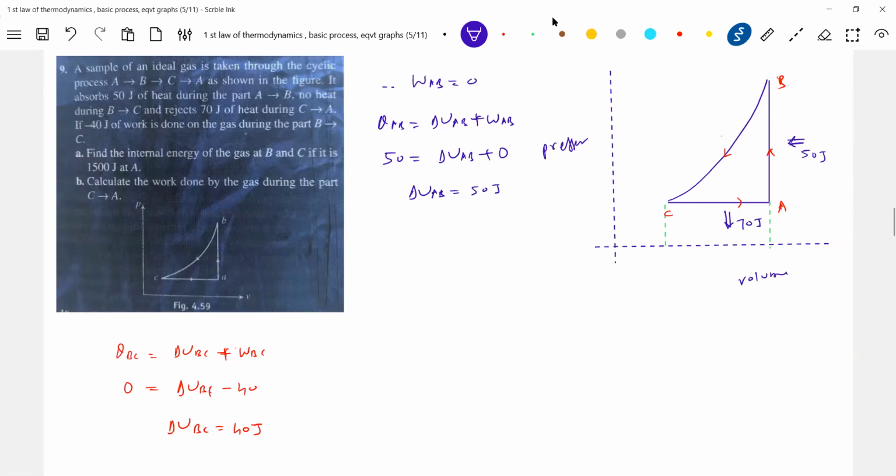Okay, now let's come to CA. Can we say anything about CA? And 70 joules of heat during CA. Some question is wrong here.